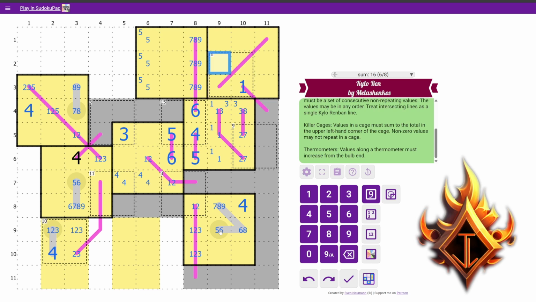Or 5 would need a 6. 5, 6 would need a 3. No, it would need a 4. Okay, and I'm not sure about that.